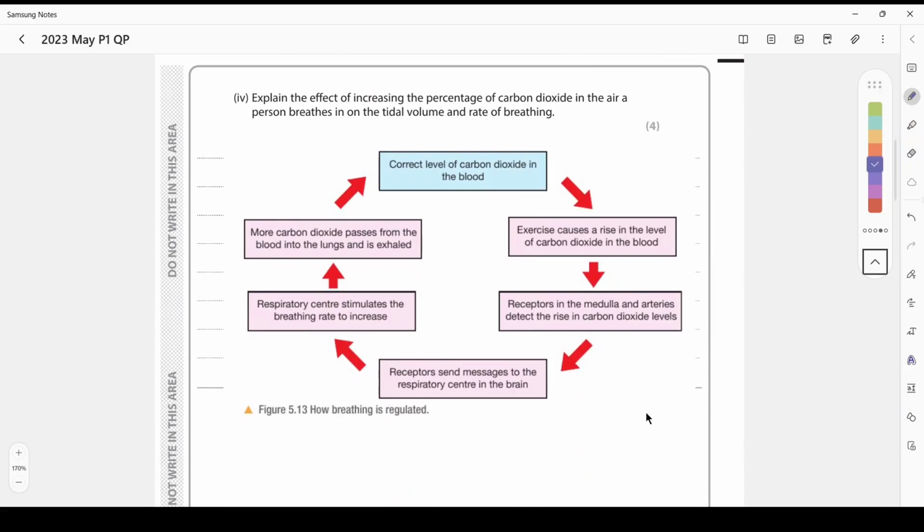So this flow chart shows how breathing rate is controlled in our body. It's very important that if we have a lot of carbon dioxide in our blood, our body needs to remove that carbon dioxide. And in order to do that, we need to increase our breathing rate and increase the tidal volume. So in order for our body to do that, first, the carbon dioxide level needs to be detected by our body.